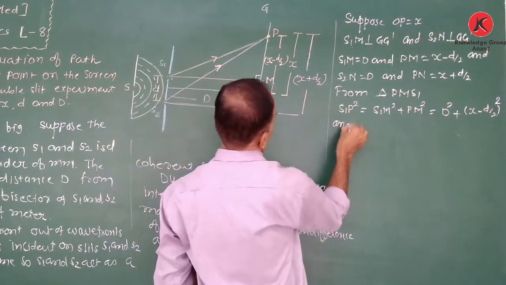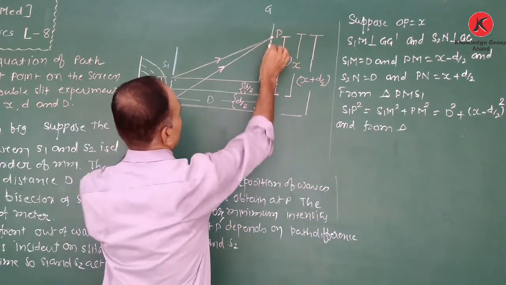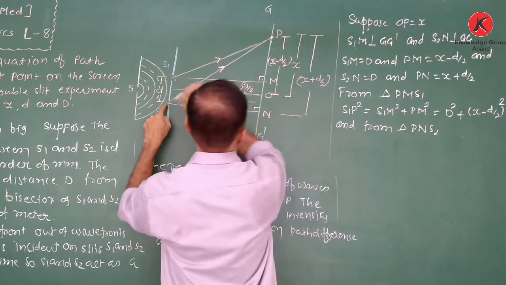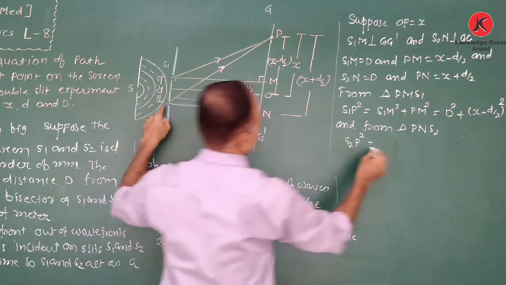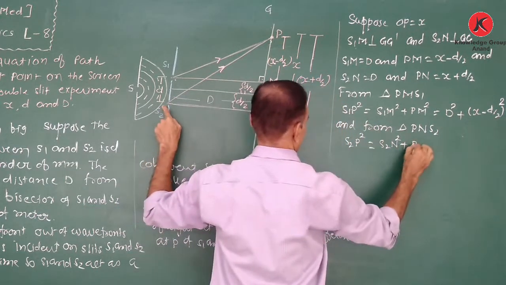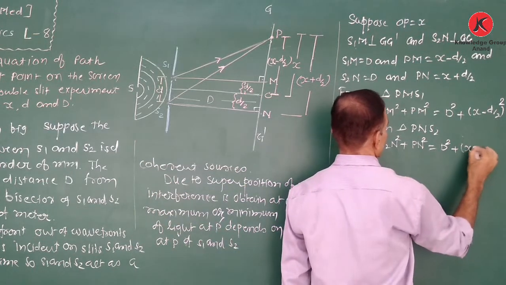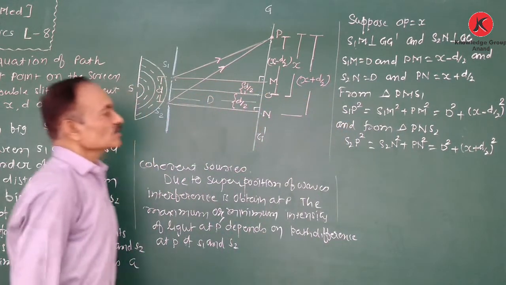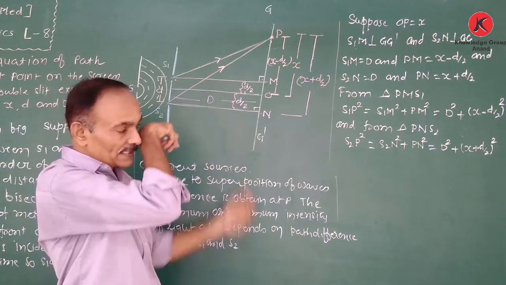And from triangle PNS2, S2P square is equal to S2N square plus PN square, which is D square plus X plus D by 2 whole square. So thus we obtain the equations of S1P square and S2P square.